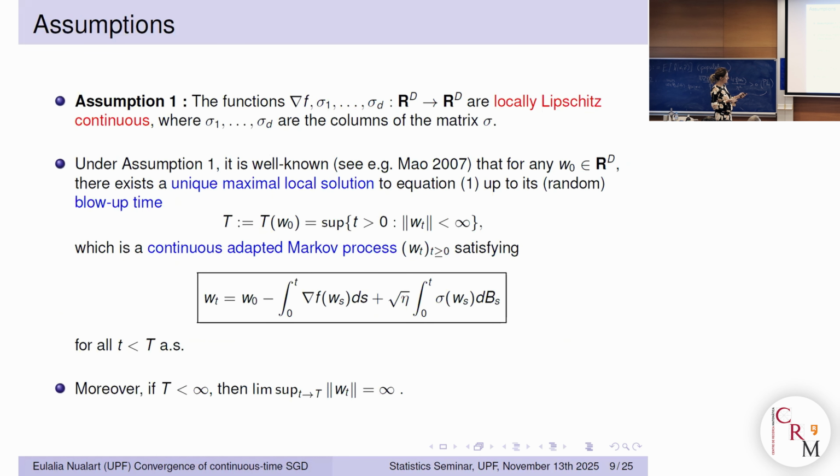The only thing that we could assume on the coefficients is local Lipschitz continuity. Under this, you cannot ensure existence and uniqueness. All that you can ensure is the existence of a maximal local solution up to its blowup time.